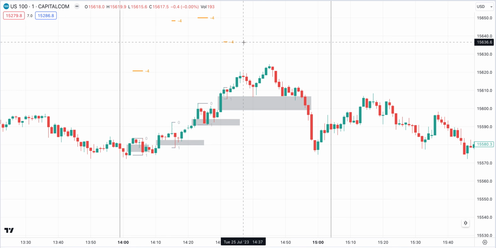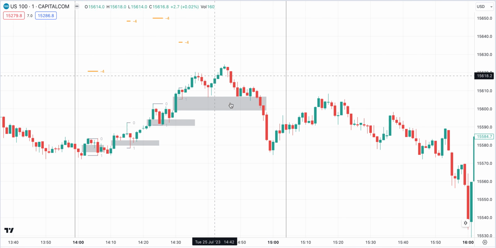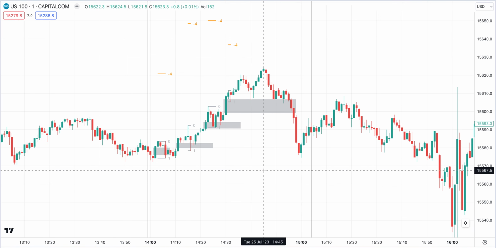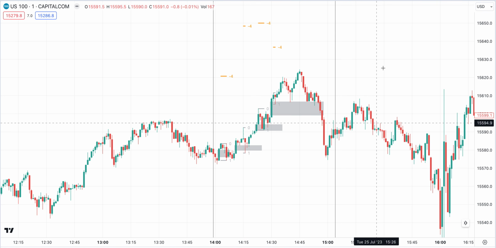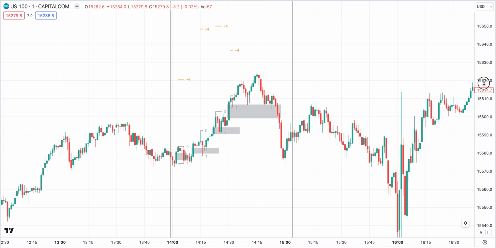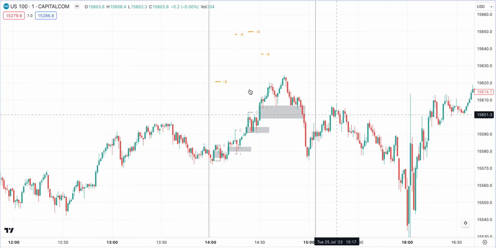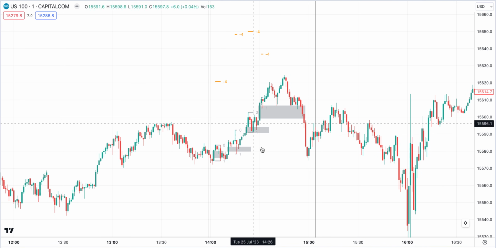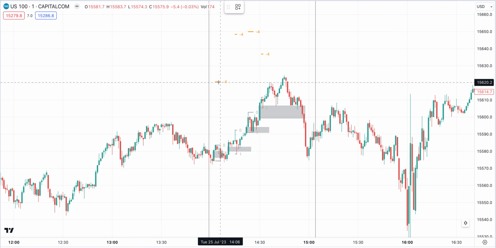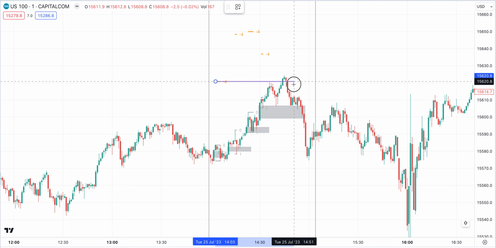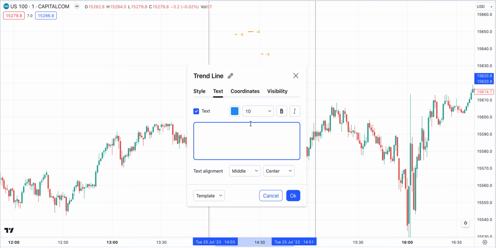Up here. And then market breaks down. So we could have caught the potential high of the day inside here. High of day.